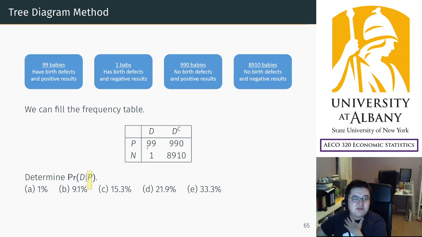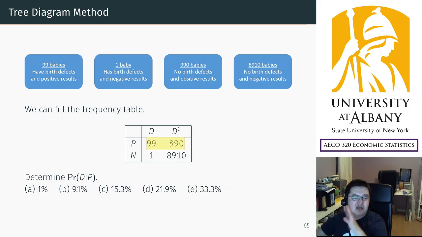The condition is positive, so you only look at these numbers. Only these two numbers satisfy the condition, positive result. So of this many babies who received positive results, how many do have birth defects? There are only 99.